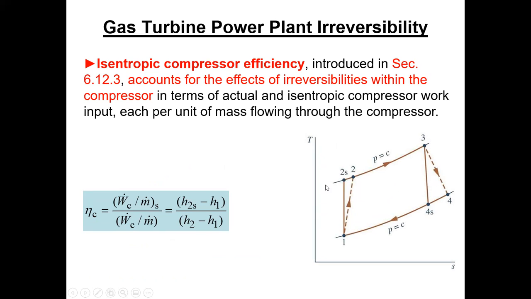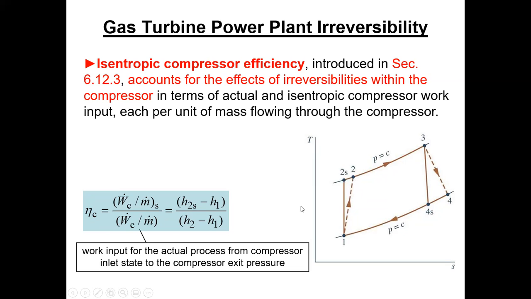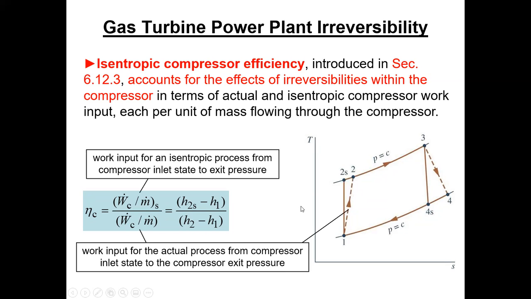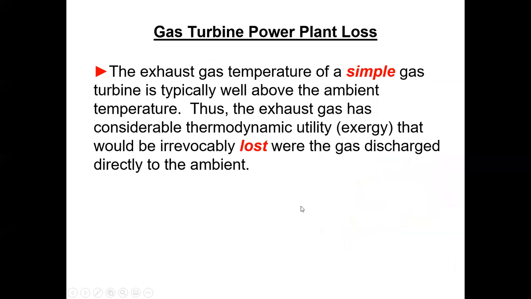And so we get h2s minus h1 as the isentropic work. And then the real compressor is going to require h2 minus h1. And we show the entropy increase from 2s to 2. So I think we're probably good with that. This is just putting all the labels and tags on it. So that should be pretty good.